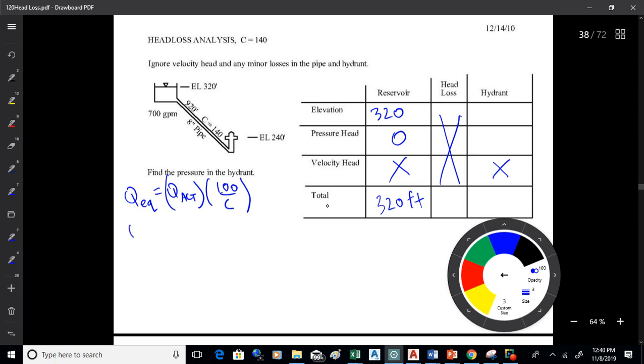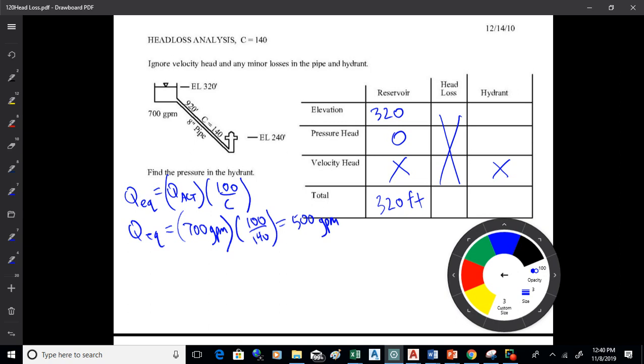You can find the equivalent flow by taking the 700 gallons per minute times 100 over 140. And that'll come out to be 500, right? So now when you go to the table, you use 500 gallons per minute, not 700.